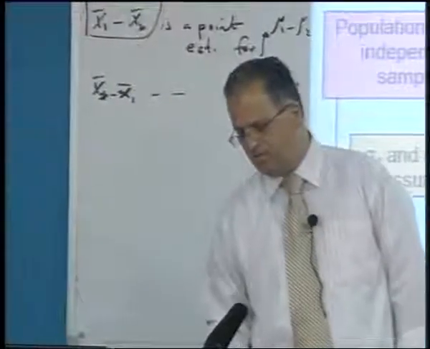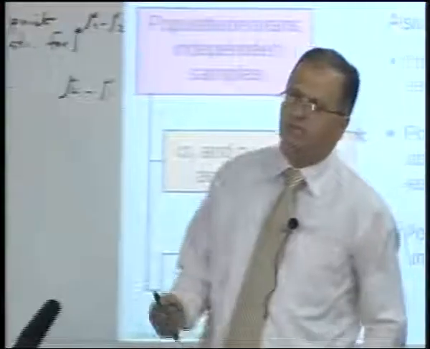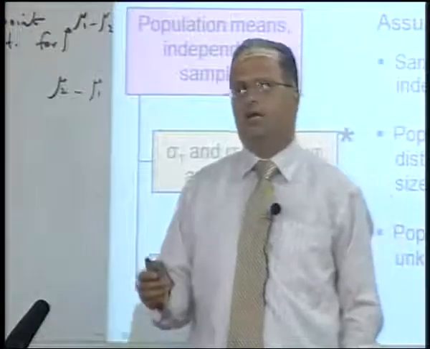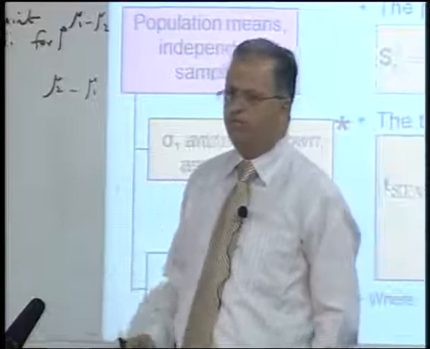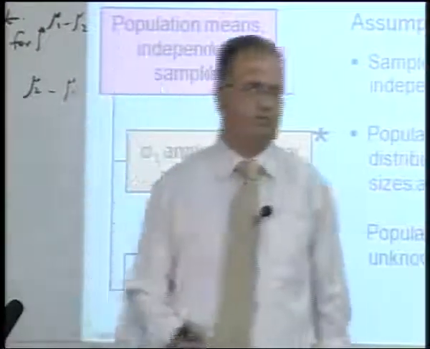These are the classical assumptions for performing the t-test when sigma 1 and sigma 2 are unknown, but we assume they are equal. Any question?